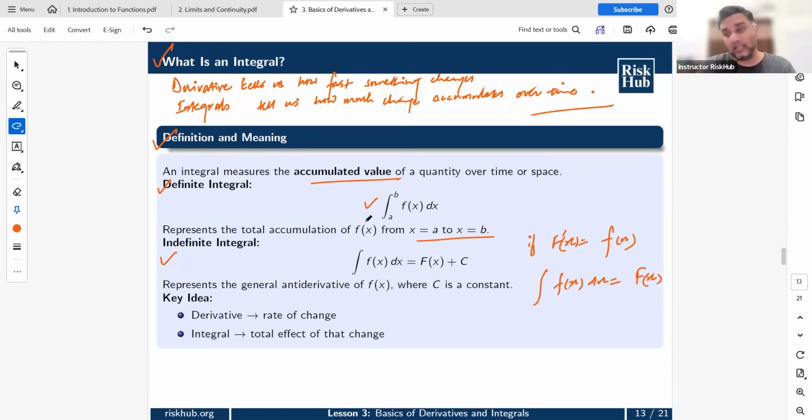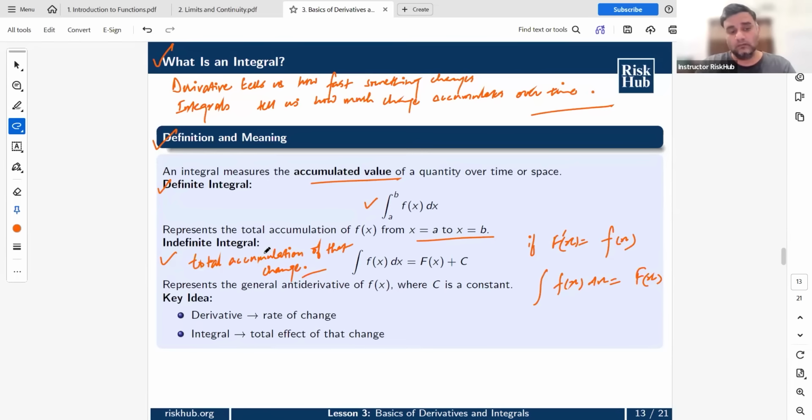So the key idea here is that the derivative is the rate of change, and the integral is the total accumulation of that change.